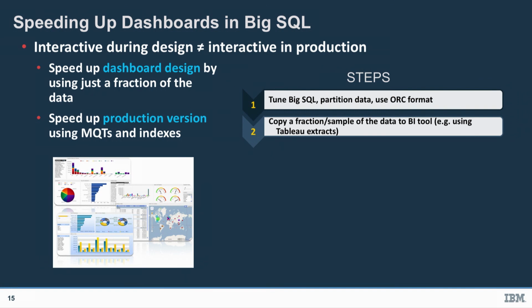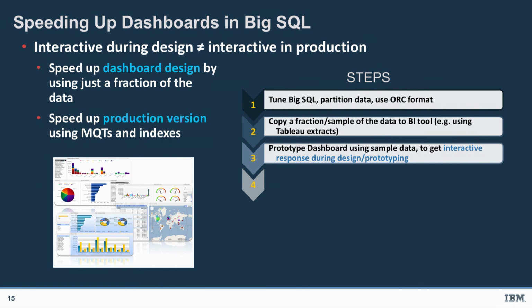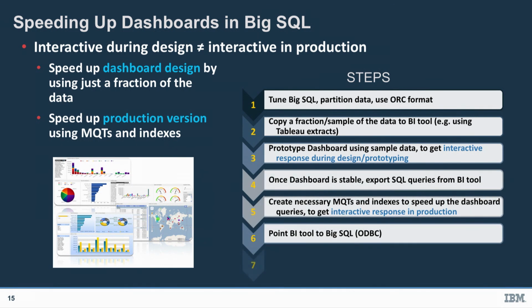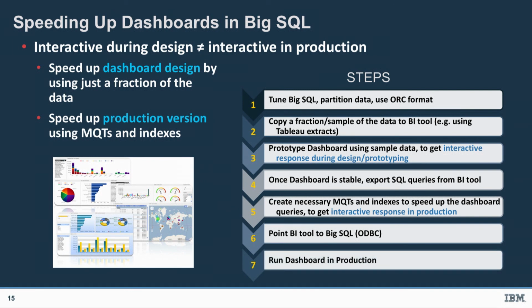So you bring a sample of the data, you prototype your dashboard on the sample of the data so that you do the prototyping fast. Once you have the dashboard ready for production, you tell Tableau to show you the queries, and based on the queries, you define your materialized views. And once you run the dashboard on production, it will run fast because all the right indices and materialized views are already created.